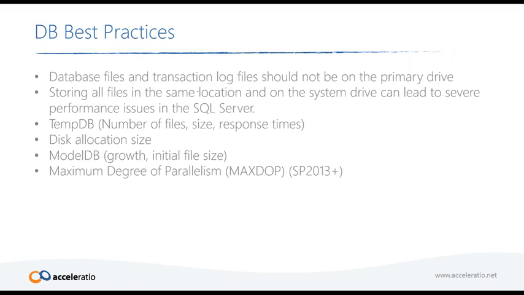SharePoint requires max degree of parallelism to be set to 1. This applies to SharePoint 2013 and better. Some database administrators do not like that, and they sometimes go into your SQL Server without knowing why this setting is required, and then they might change it, and this is going to cause many problems for SharePoint.